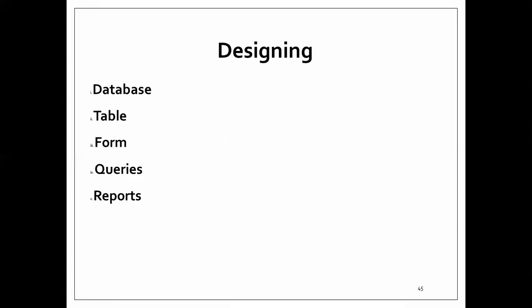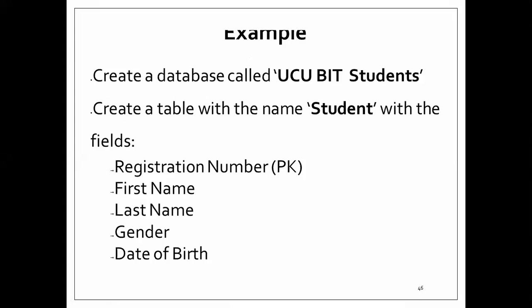We'll be interested in creating a database, but we know in that database we must have a table, we must have a form, we must have queries, we must have reports. So it is upon us to always know that once you are designing a database, there must be what we call objects in that database. You must start thinking, I am thinking of creating a database, okay, the question is, do I have objects? Which objects am I going to have in the database, or which tables will form my database?